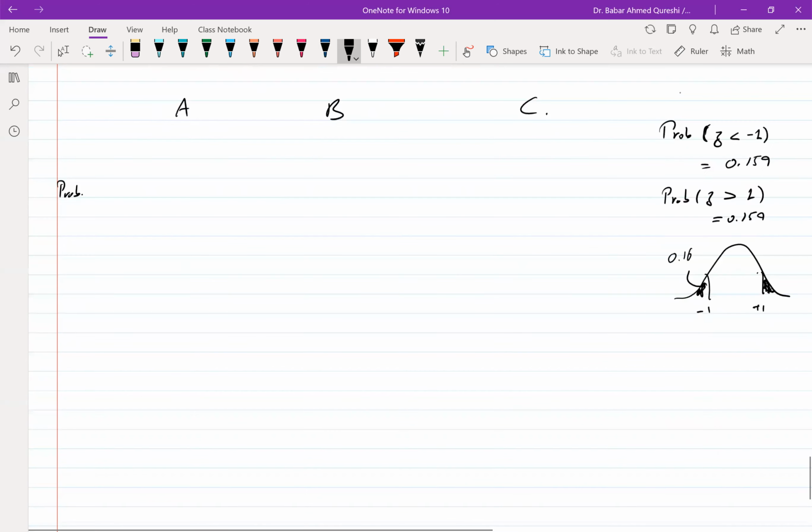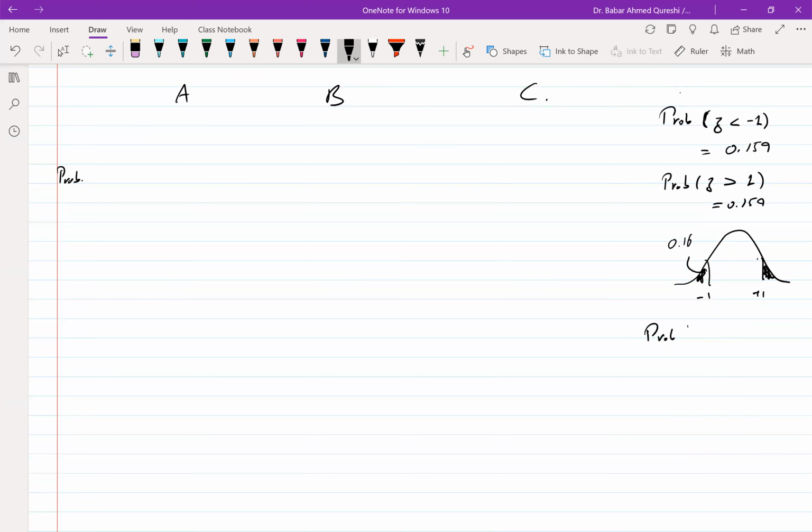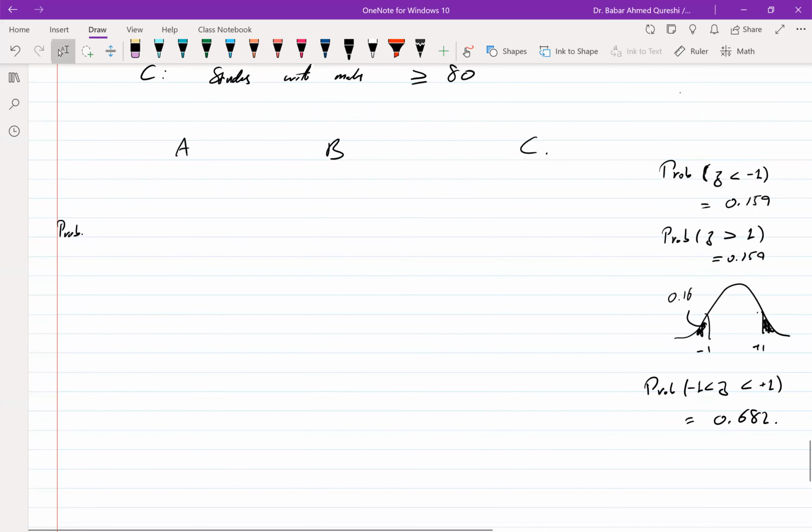So the rest of the probability, of z being between -1 and +1, is 0.682. So it's 0.159, 0.682, 0.159.